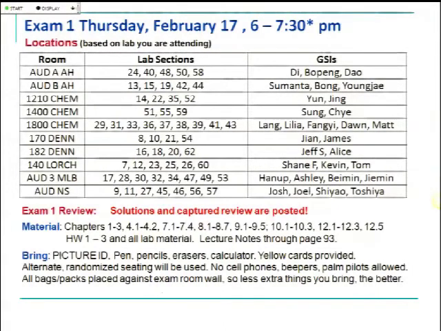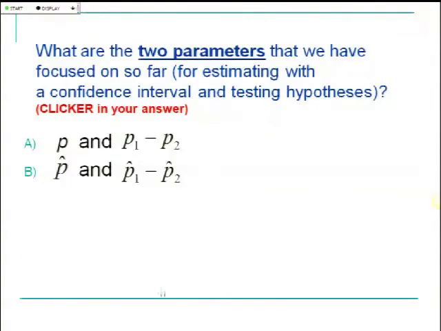All right, first question is a clicker question, to get us back on track on where we are or what we had done already. So you are asked in this question to identify the 2 parameters that we have already focused on.